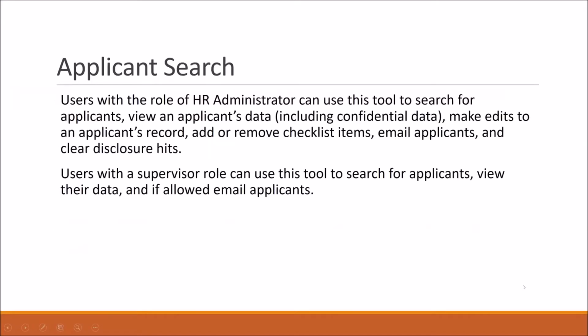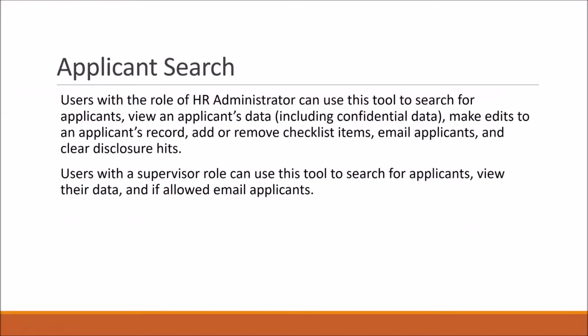So the thing I always like to remind people is, when you're anywhere in the job system, users with the role of HR administrator or HR district administrator, if you're part of a co-op, have different access than other users with different roles. The HR administrator role gives you blanket access to the system.